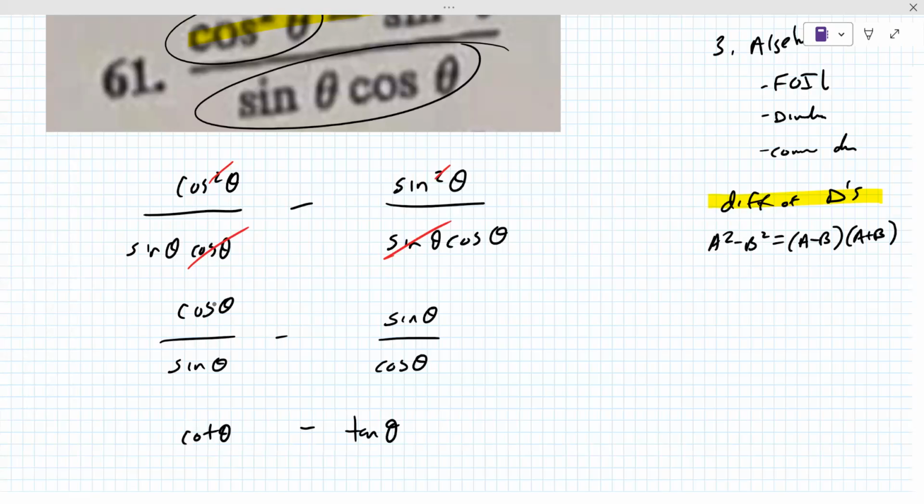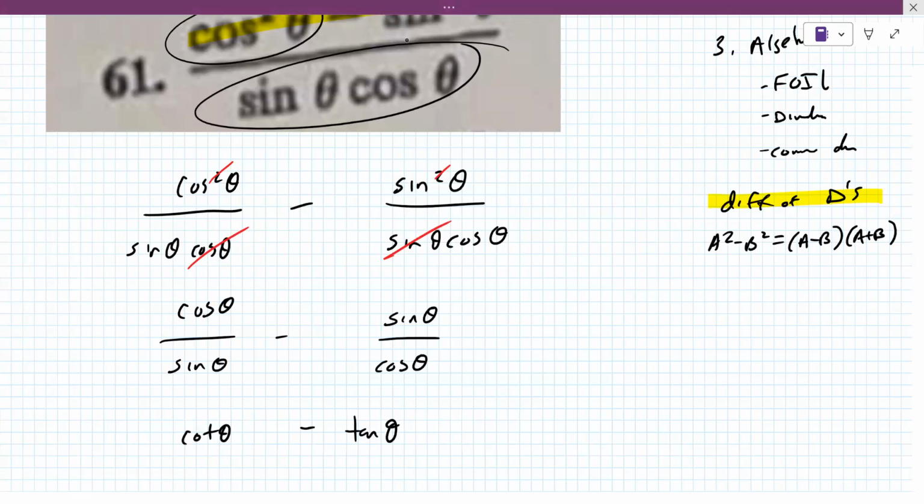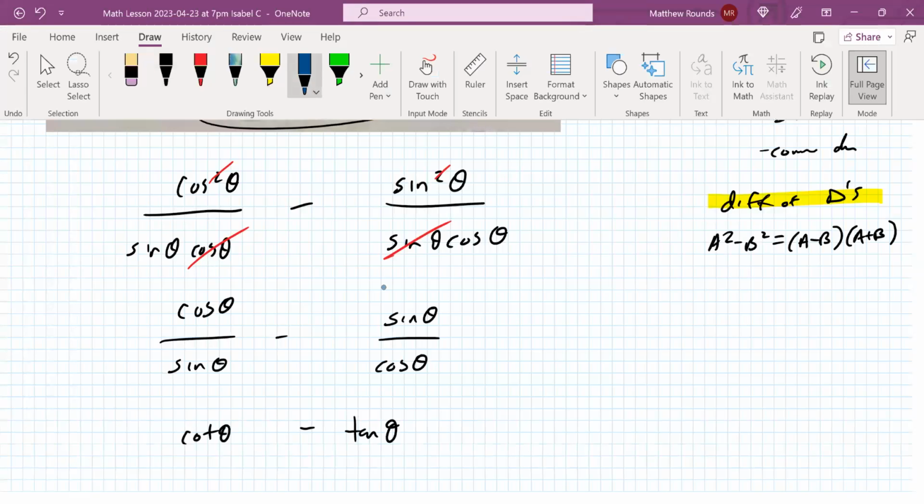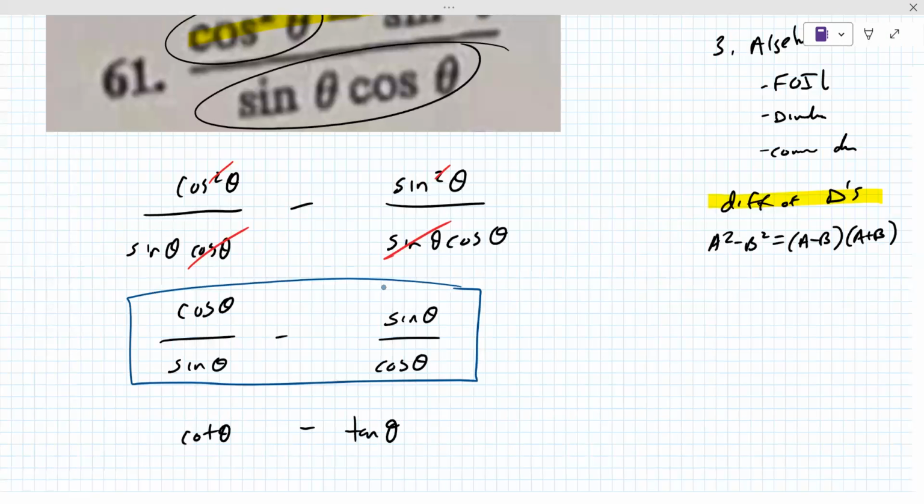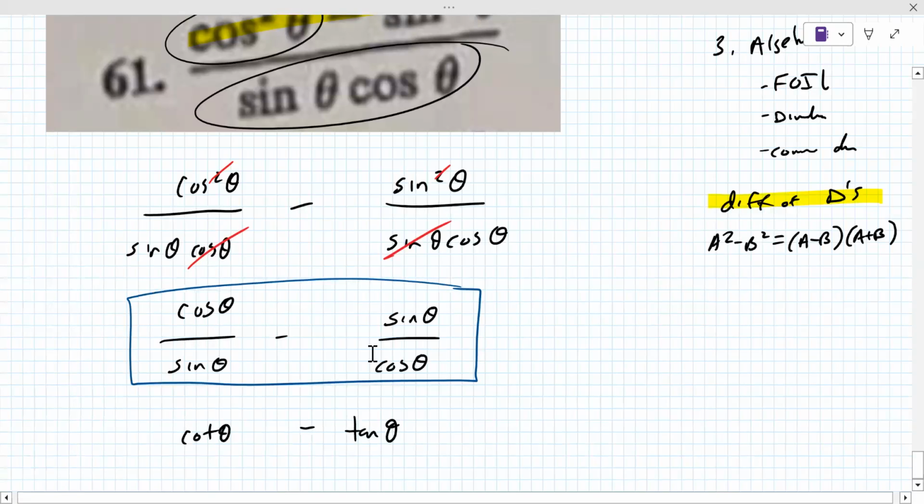And you might think, well, how do I know I'm done here? It's a fair question. If we take this line right here and go off in another direction, like making a common denominator, we get back to where we started. So that's not the right answer. You never want to go back in that direction. There's no way to combine cotangent and tangent.